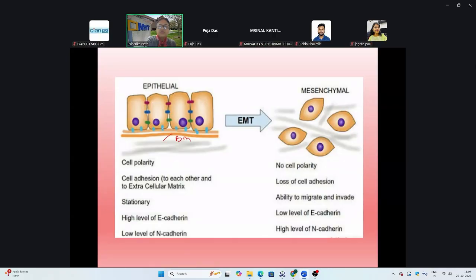So this is very strong. If I try to push and punch this, they will not break easily. That's how strong our cells are, held together in sheets. So this is in a sheet configuration. That's normal.